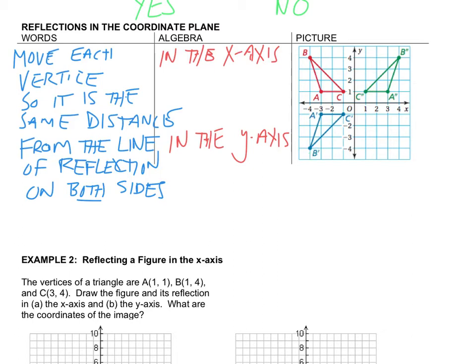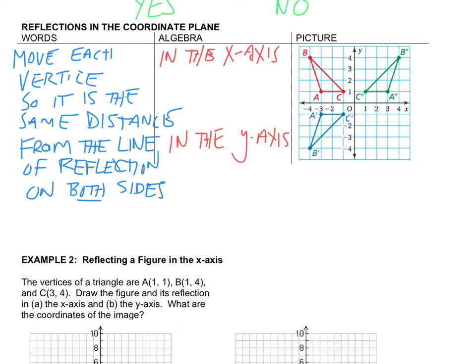Now I also could have taken the original and gone over the y-axis to become the same ABC triangle, but again, notice that it's the same size and shape, but it doesn't have that same look. I didn't just slide it across. The distance between here and here is the same over these 2 points, but notice now I'm calling them A double prime, B double prime, C double prime.